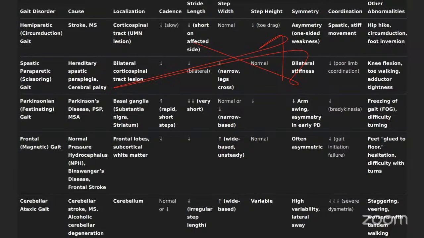What I felt is, if you could have video demonstration of prototype disorders, what you prepared is an excellent table: circumduction gait, scissoring gait, festinating gait, magnetic gait. If you could have just a less than 1 minute video of each of these cases and show us, sir, this is how I see a patient of a hemiparetic gait.